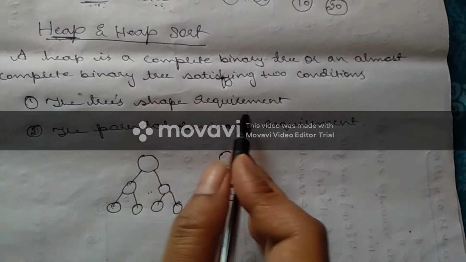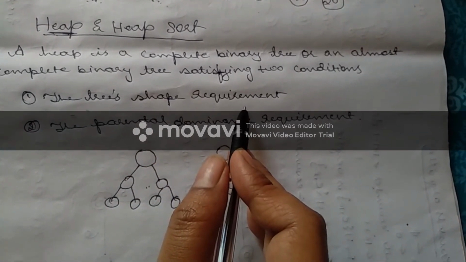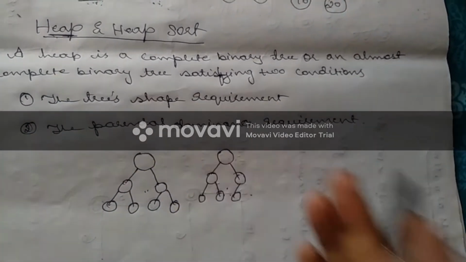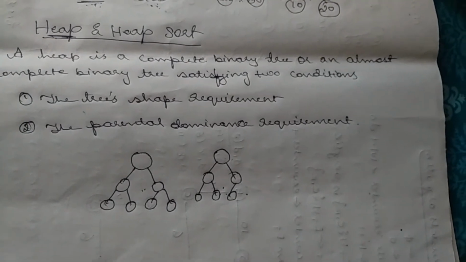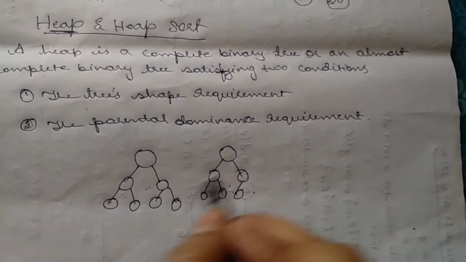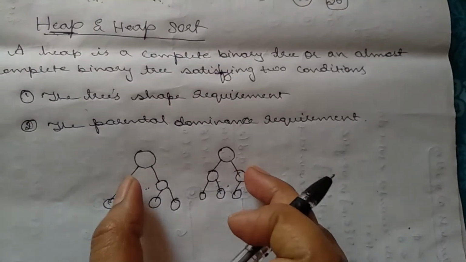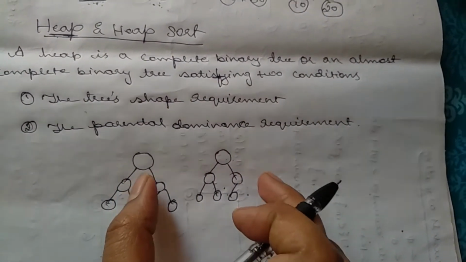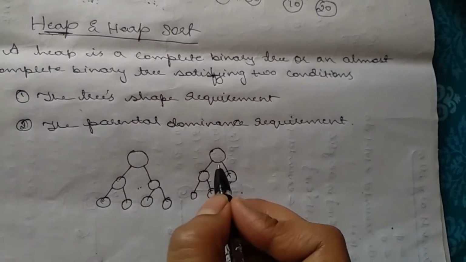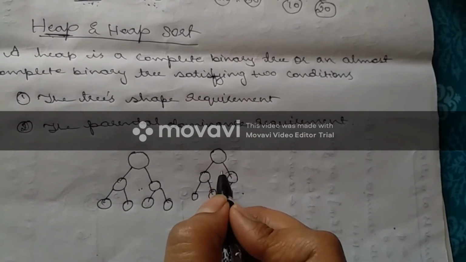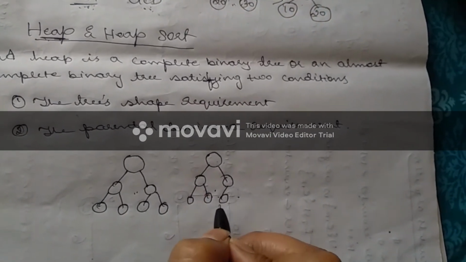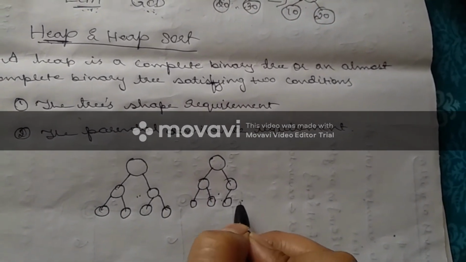The tree's shape requirement. What do you mean by the tree shape requirement? Here, the binary tree is essentially complete. As I have told, this is the tree shape requirement. What is the meaning of that? All its levels are full except possibly the last level.